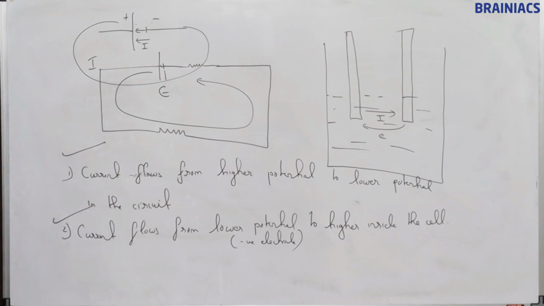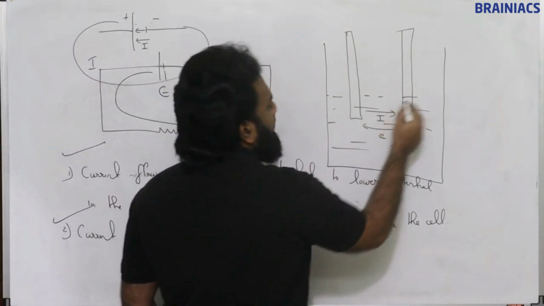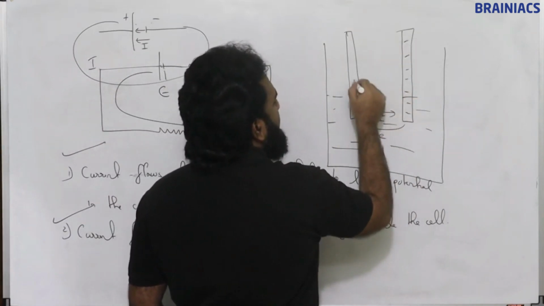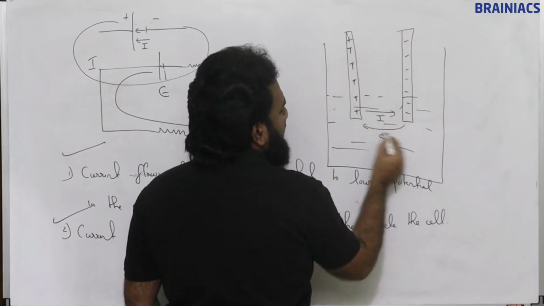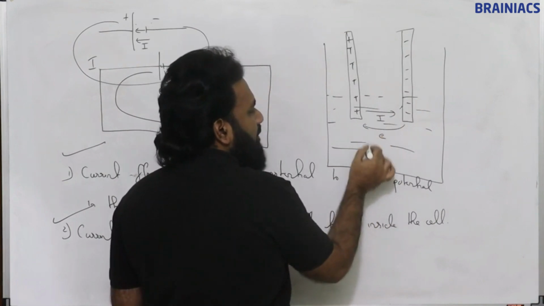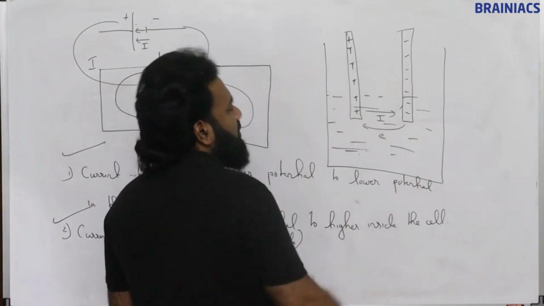Right. So when current moves in this direction, if this is negative and this is positive, the electron doesn't want to come here. Work will be done on this electron by the cell, by the battery mechanism, by this chemical reaction, to bring it to the positive side.